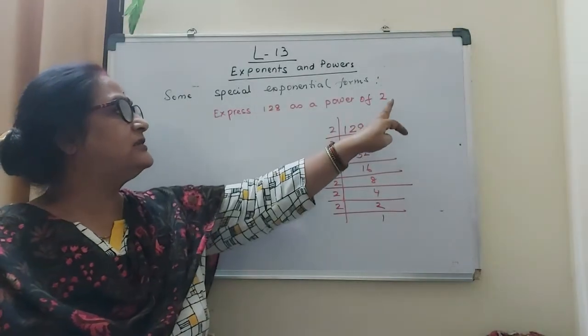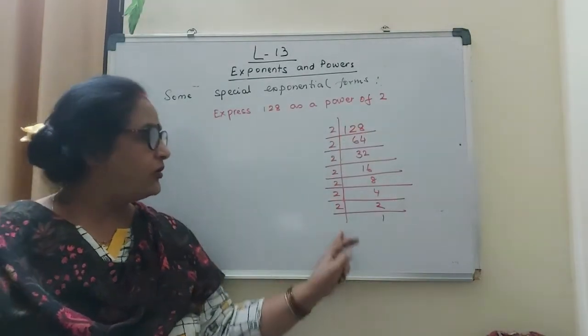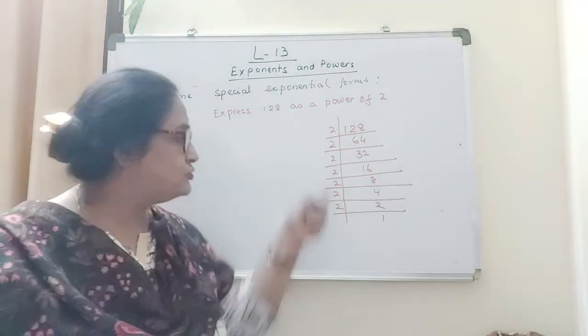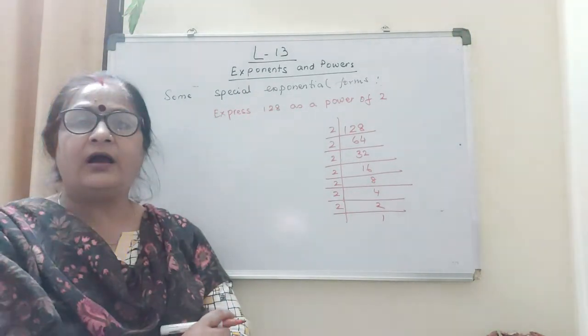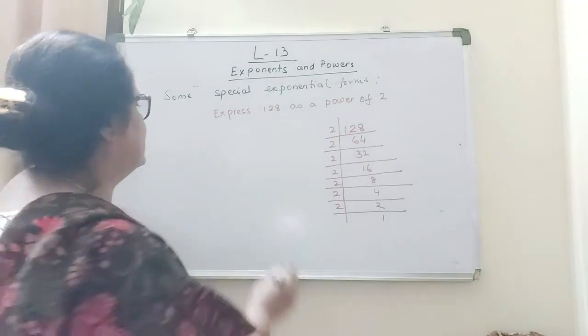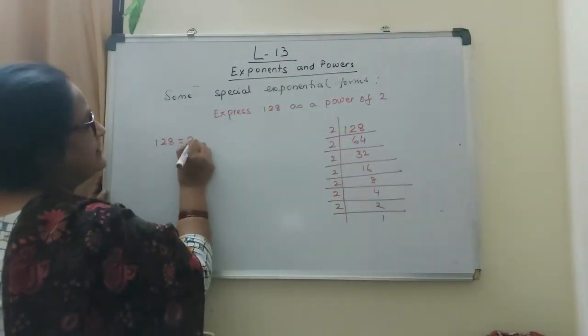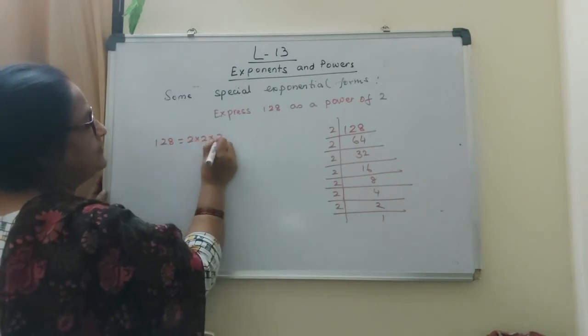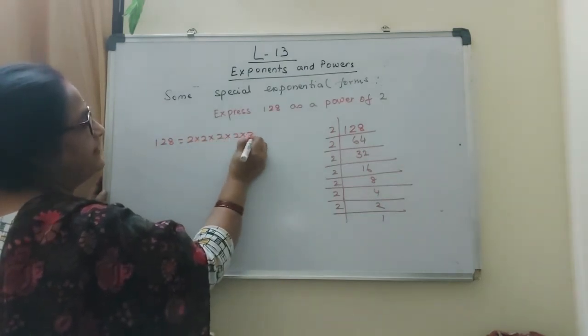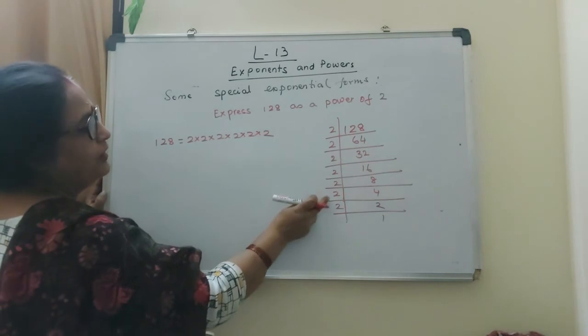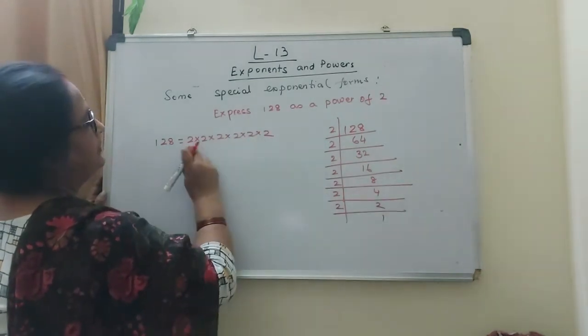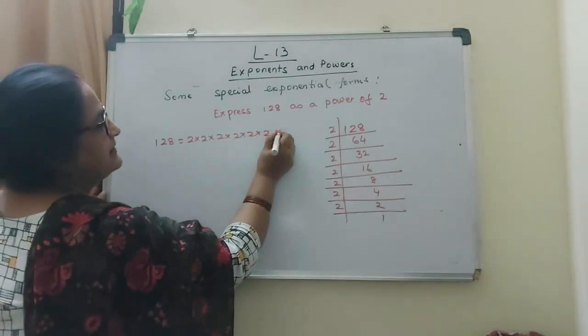Since you are asked to get into power of 2, you will get only 2s when you are finding the prime factors. So 128 can be written as 2 multiplied by 2 multiplied by 2 multiplied by 2 multiplied by 2, 1, 2, 3, 4, 5, 6, 7.